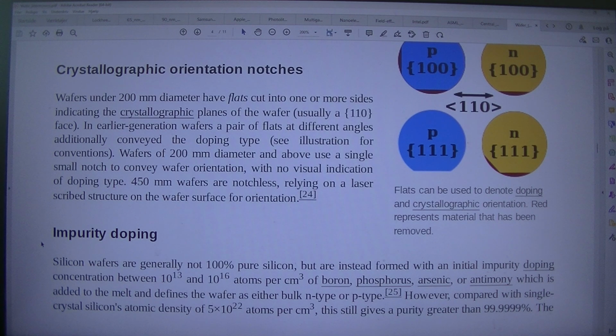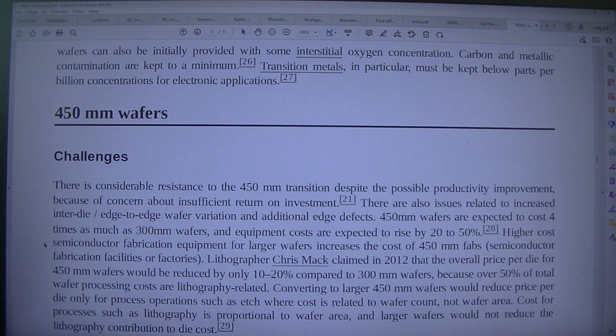However, compared with single crystal silicon's atomic density of 5×10^22 atoms per cm³, this still gives a purity greater than 99.9999%. The wafers can also be initially provided with some interstitial oxygen concentration. Carbon and metallic contamination are kept to a minimum. Transition metals, in particular, must be kept below parts per billion concentrations for electronic applications.